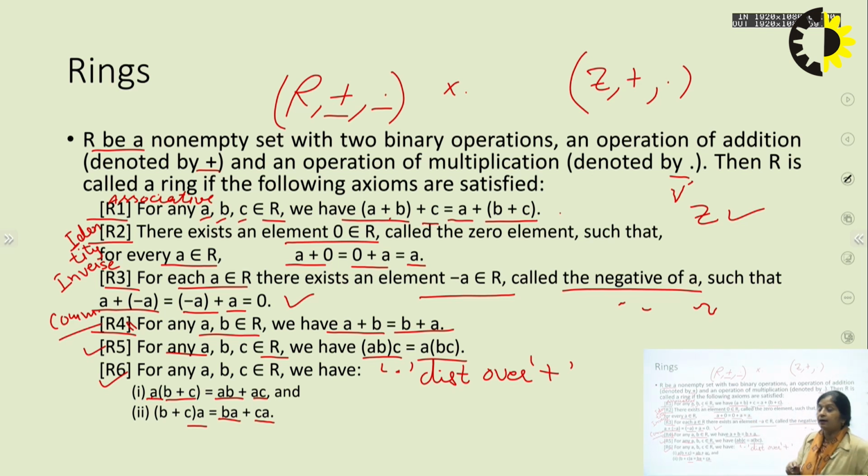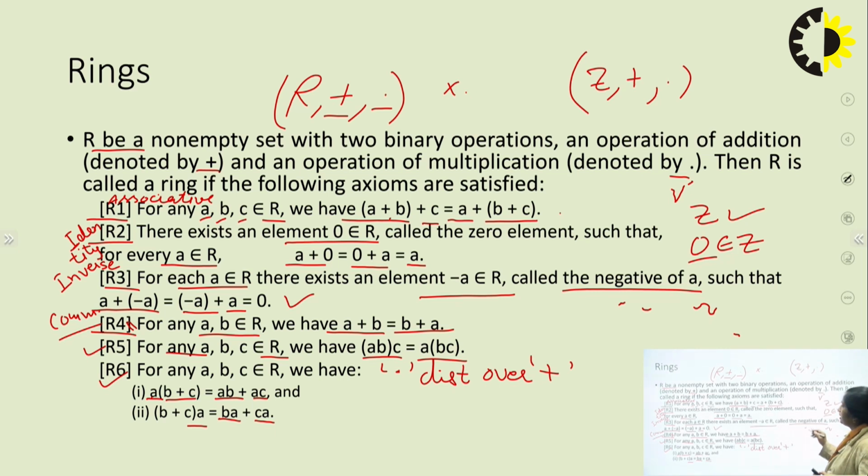And we know that 0 is an integer. 0 belongs to Z. So 0 is an integer such that if we add 0 to any integer, the result will be the same integer. So this is the identity property of addition of integers with respect to addition.